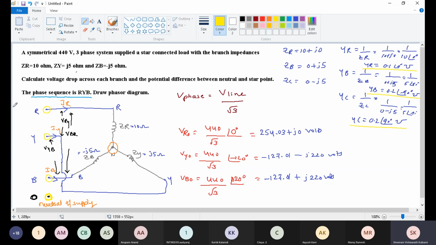Last class, I mentioned this formula for Millman's theorem. Please note it down.